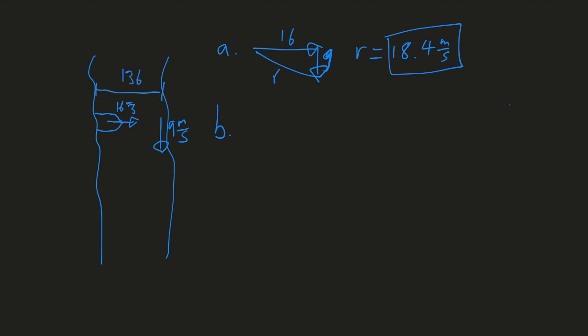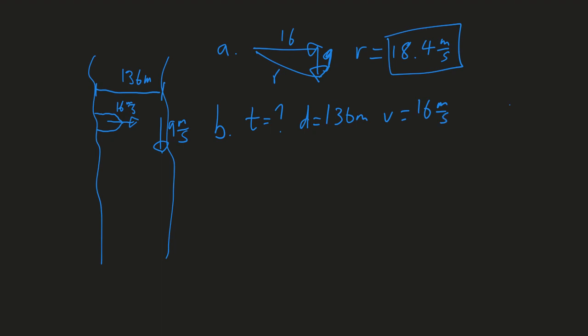We know the river is 136 meters wide. Now remember with projectile motion that we are ignoring the vertical velocity because we're only concerned about the horizontal, right? 136 meters is horizontal, and our 16 meters per second is a horizontal velocity. So we want to find our time, and we're given our distance, and we know our velocity.